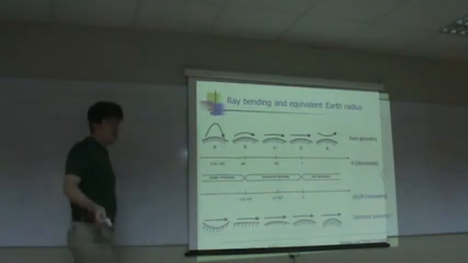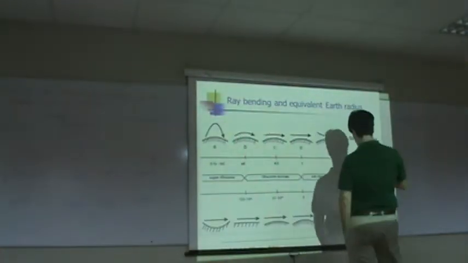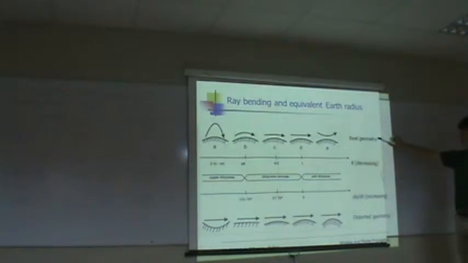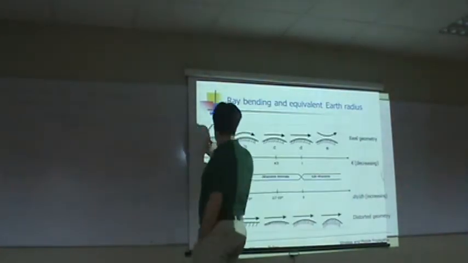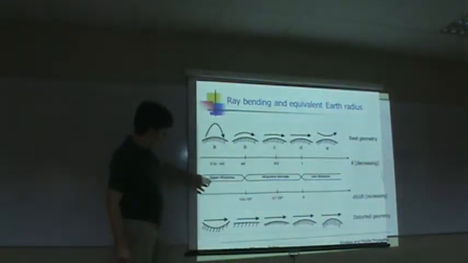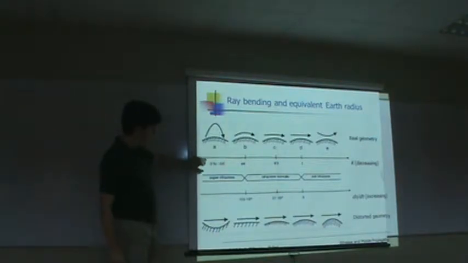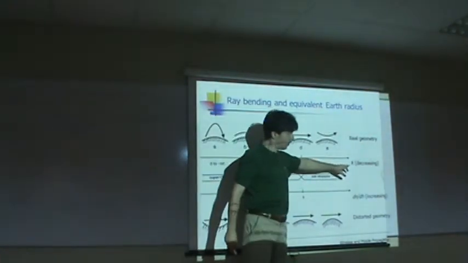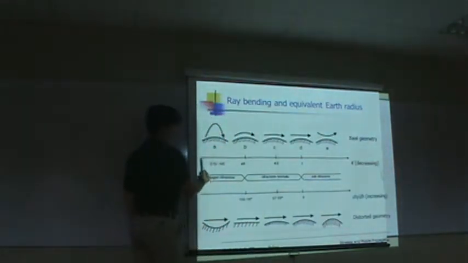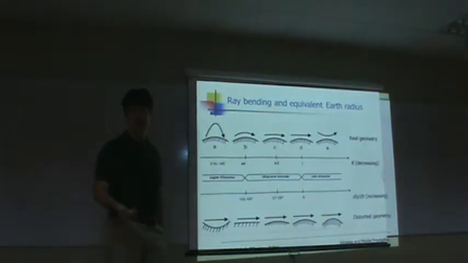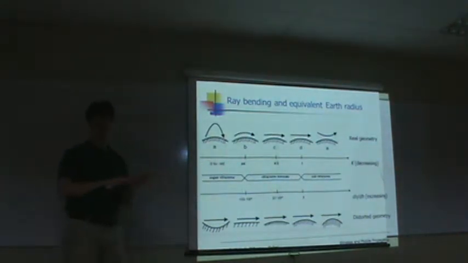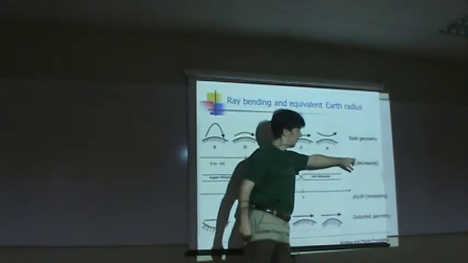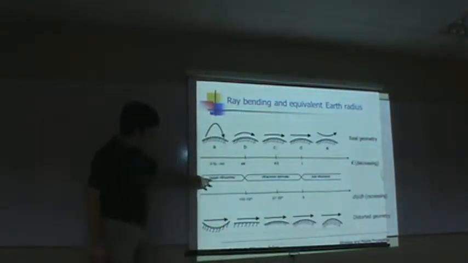In this slide that I sent you, you find the real geometry with what is happening to the electromagnetic ray in super refraction situation. This is what happens to the K factor, that is 0 to minus infinity, so it's negative here. So you also get a negative equivalent Earth radius. Remember that the equivalent Earth radius is the Earth radius multiplied by the scale factor. And you are in super refraction.